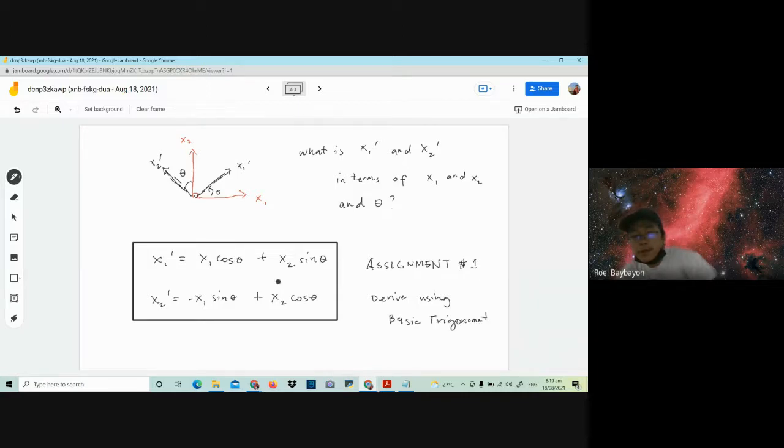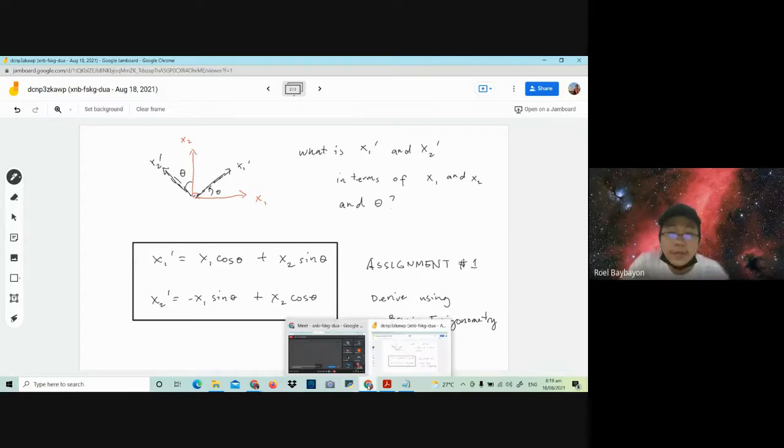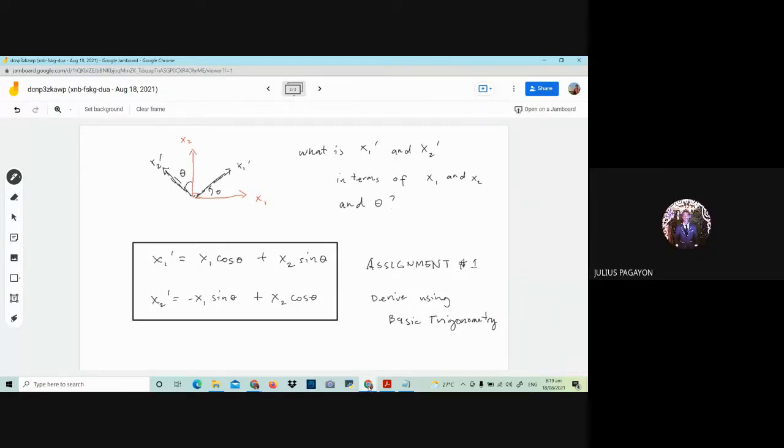You have already taken trigonometry, right? And calculus, right? Sir, do we have to draw? Yes, you draw, then you have to derive. Based from that drawing, you derive it using that drawing.